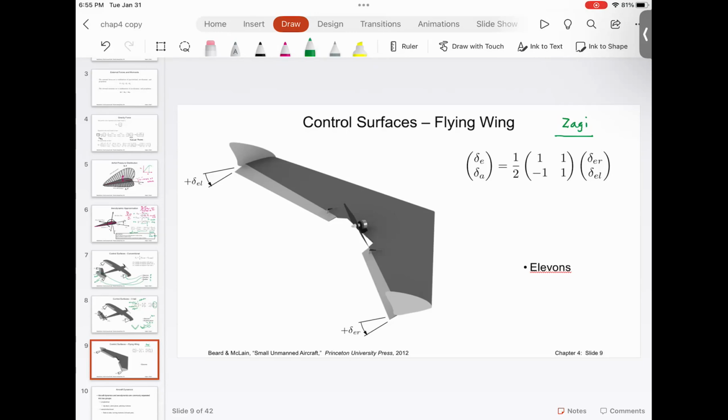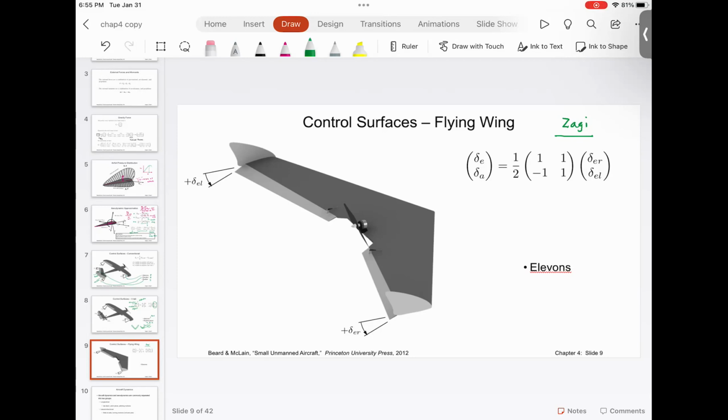You roll the aircraft, and as the aircraft is rolled, it kind of yaws. So to fly this aircraft, you have to utilize roll to yaw coupling, and basically that aircraft would take a turn. These types of aircraft, as you can see, have a very simple construction.